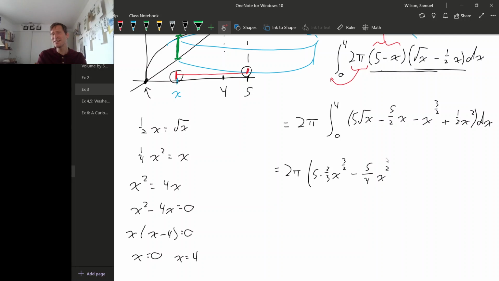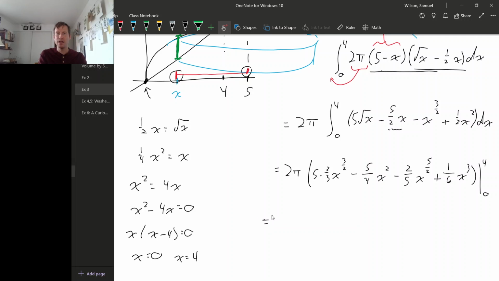Remember, you can always check that this antiderivative is correct by taking its derivative and seeing if you get back to the term that we started with. Okay, now for this x to the 3 halves term, we're going to need 2/5 x to the 5 halves, and then plus 1/6 x cubed. And we're going to integrate from 0 to 4.